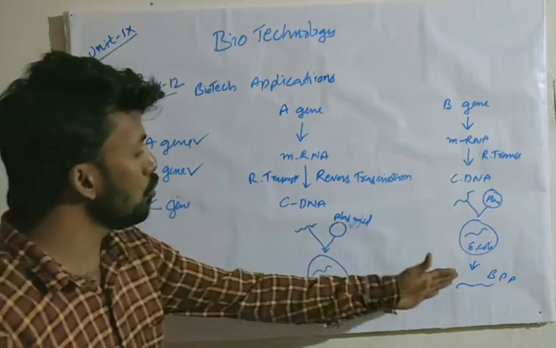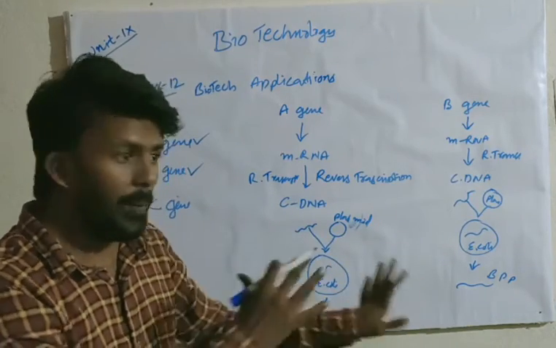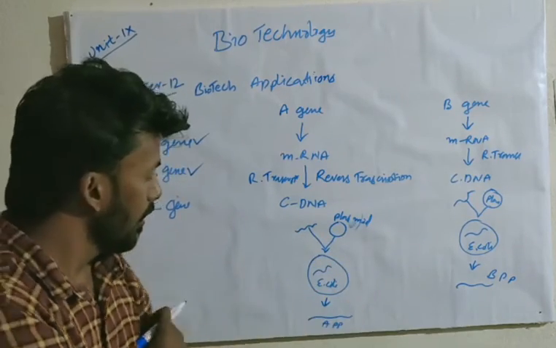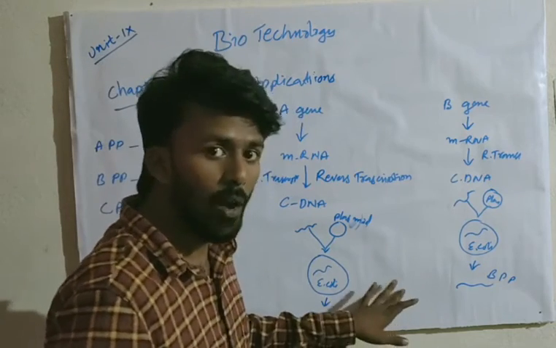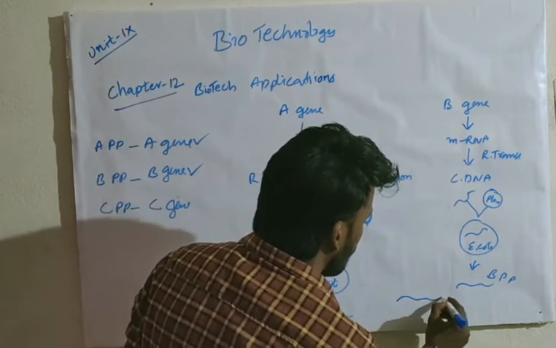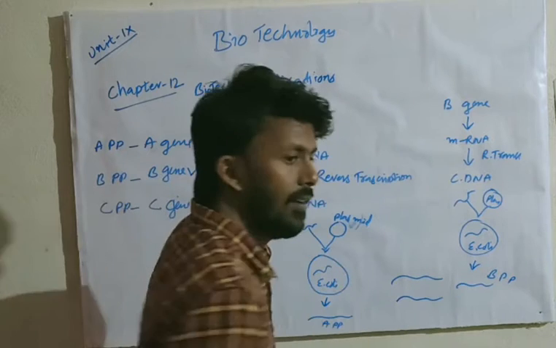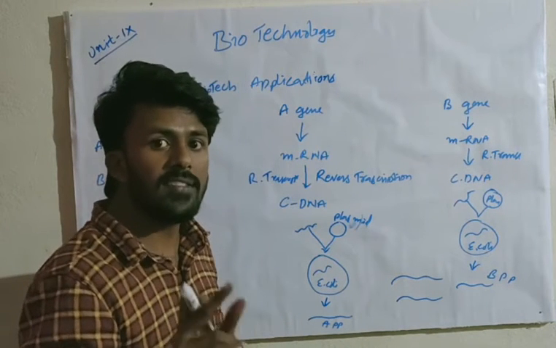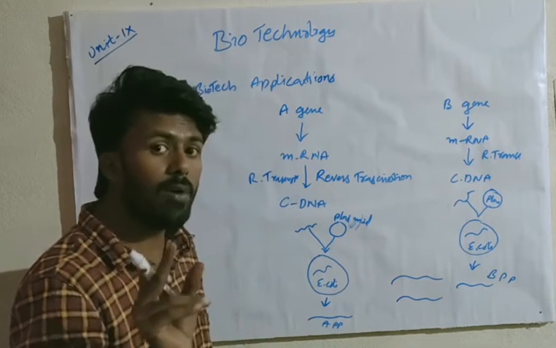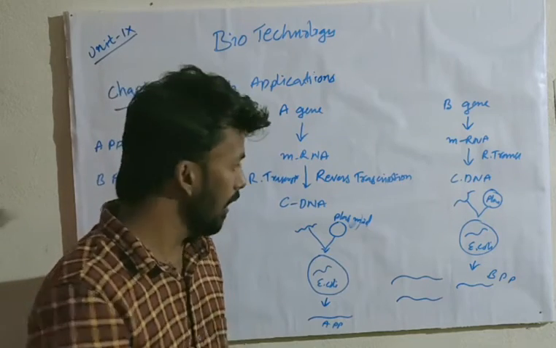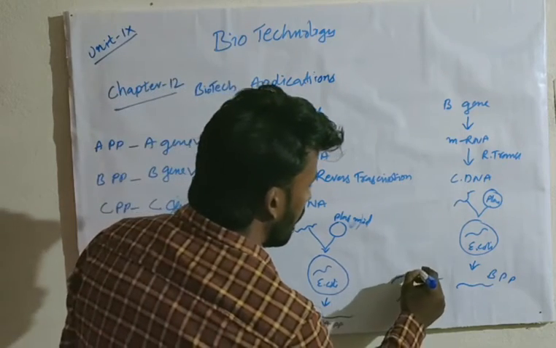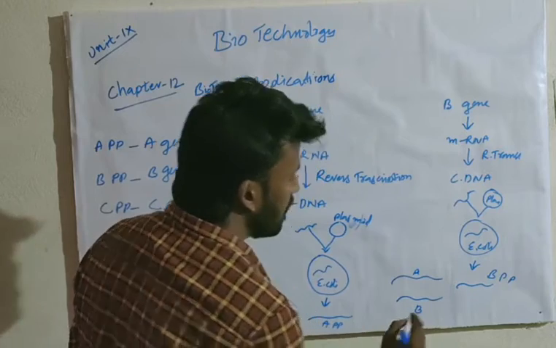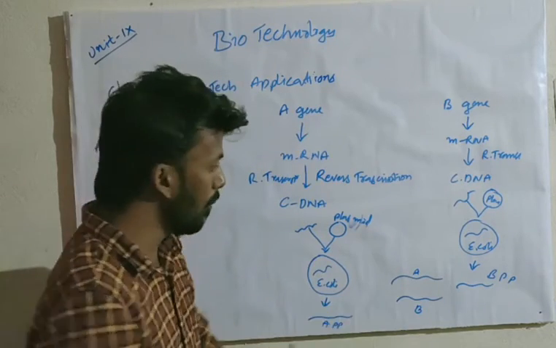After the two polypeptide chains were separately isolated, scientists kept these two together in certain conditions where the disulfide bonds will be formed. At the time the disulfide bonds are formed, they keep this A polypeptide chain and B polypeptide chain, which were separately formed, together.